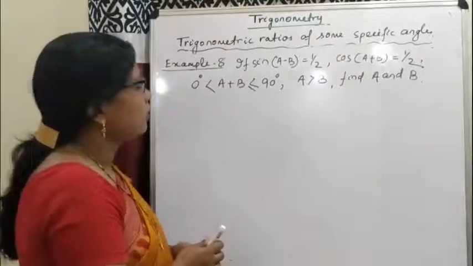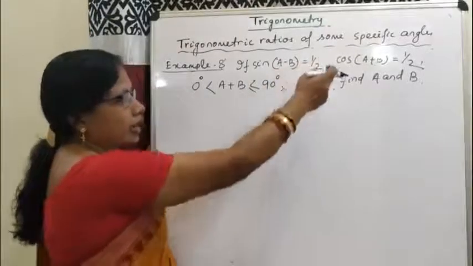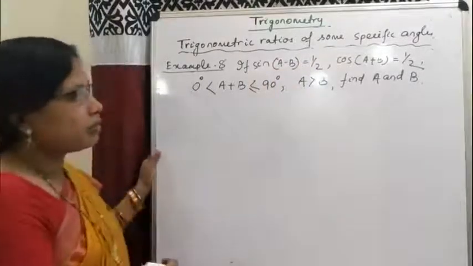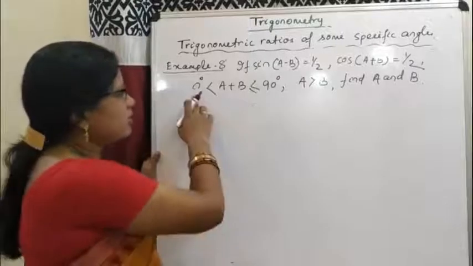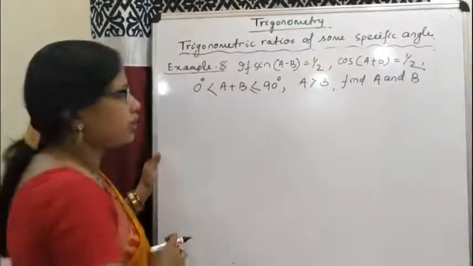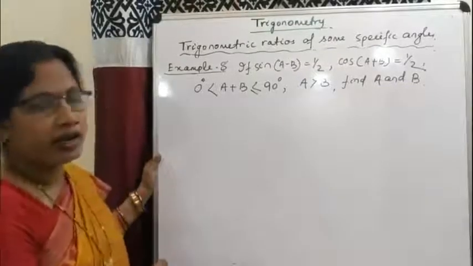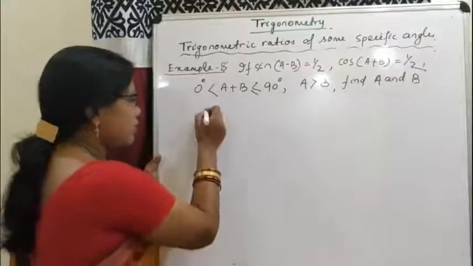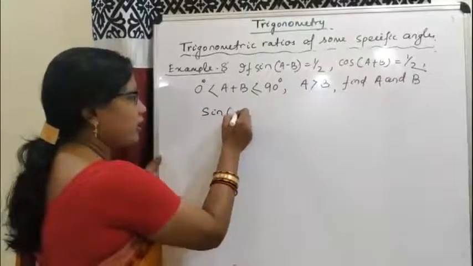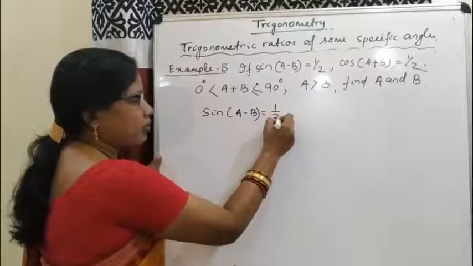Next example. If sine of (A minus B) is equal to 1 by 2 and cos of (A plus B) is 1 by 2, with the condition 0 degree is less than A plus B, less than or equal to 90 degree, and also A is greater than B, find A and B. What is given? Sine of (A minus B) is equal to 1 by 2.